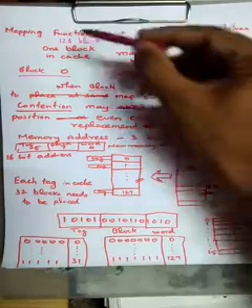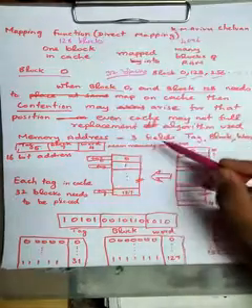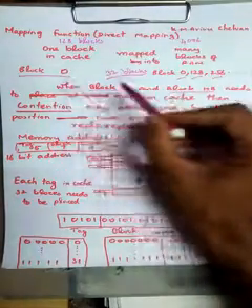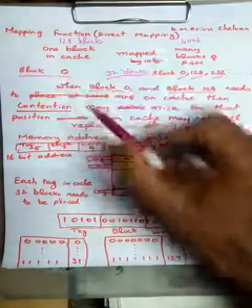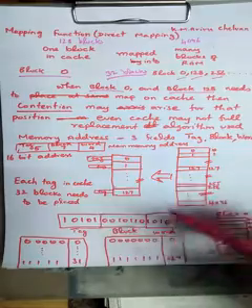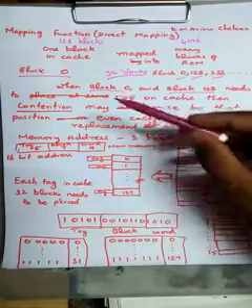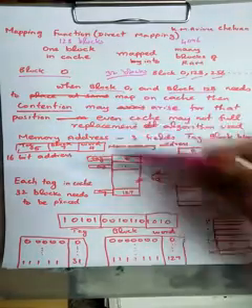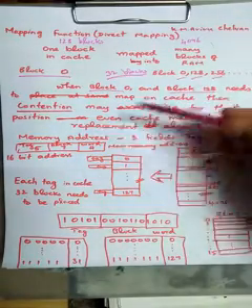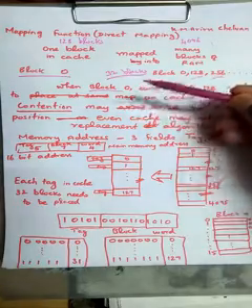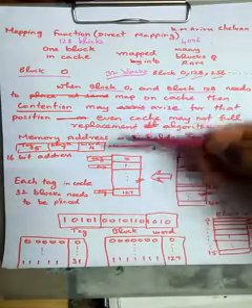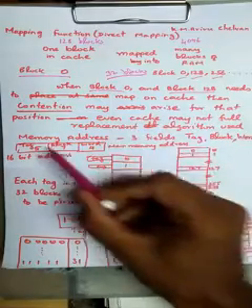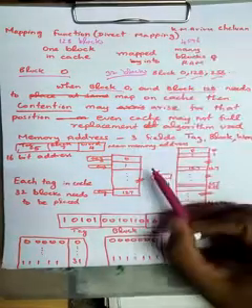So the problem in direct mapping is contention, that is, when two or more blocks of main memory need to access a particular block in cache memory. This problem is called the contention problem, and it will be eliminated in the next techniques. Now we see the memory address of direct mapping.